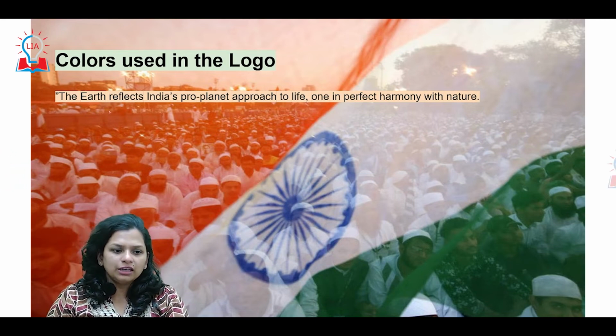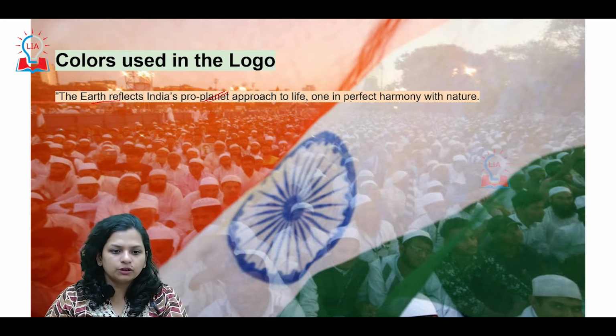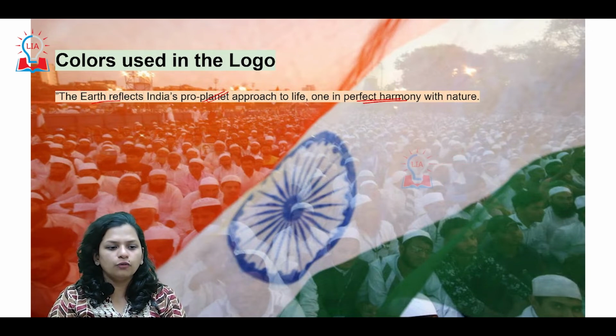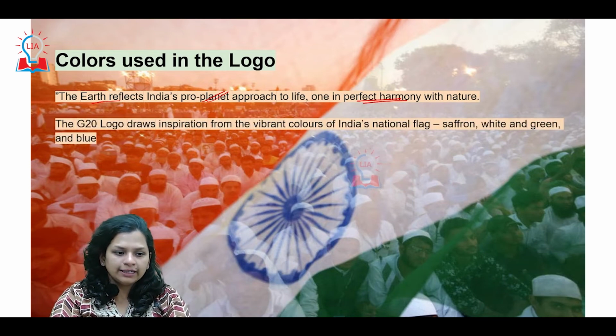The idea is that the earth reflects India's pro-planet approach to life. It's a very symbolic statement, saying that you basically live in harmony. So this aspect of the earth is being represented through India.